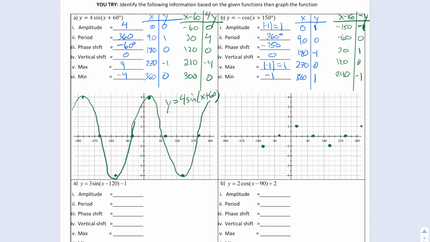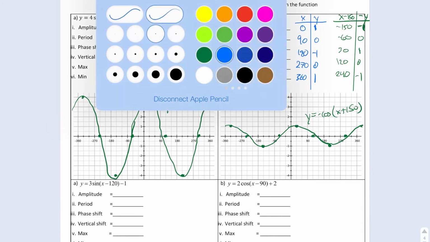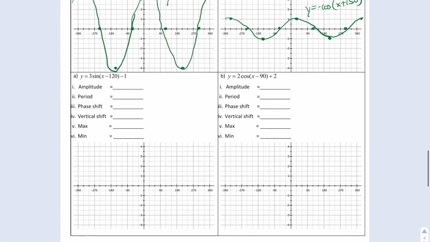I'm just going to continue on in the pattern. And there's our graph. Great. Okay, the next couple, a little bit trickier, but not too bad.